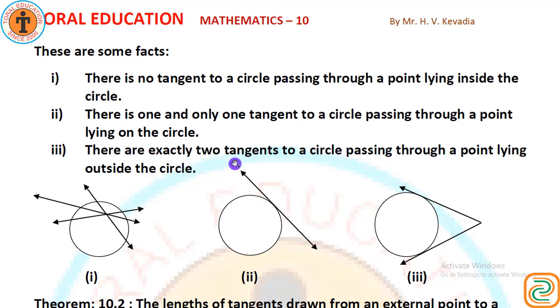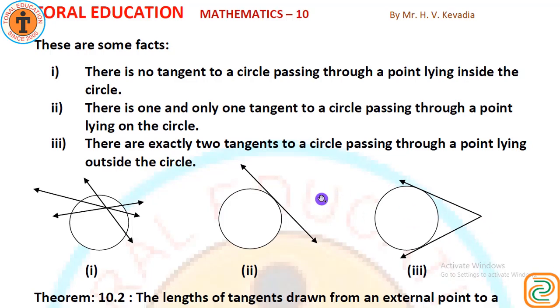There are exactly two tangents to a circle passing through a point lying outside the circle. If a point is lying outside the circle, we can draw exactly two tangents, not more and not less than two.